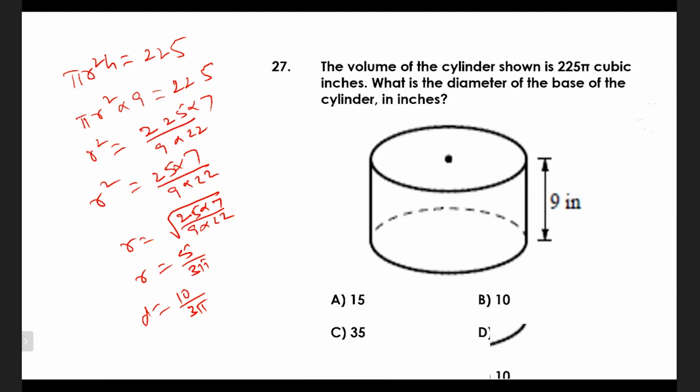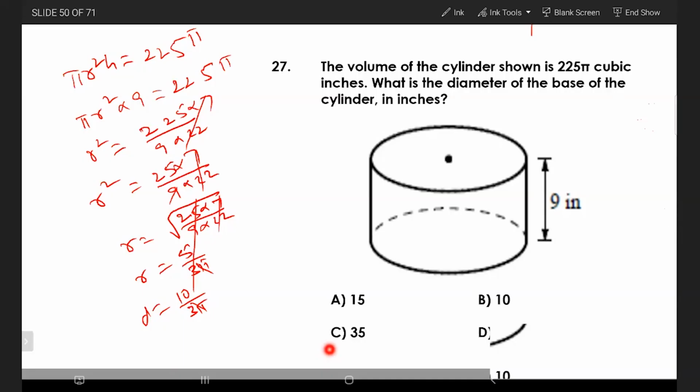Oh, 225 pi he gave, children. We forgot pi. So this gets cancelled. Pi will not be there. So we'll rewrite that.